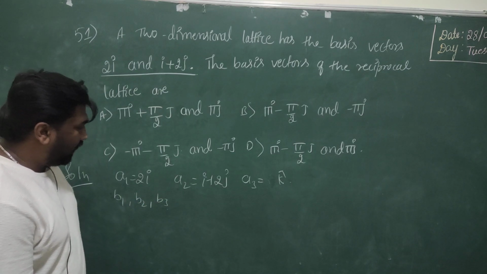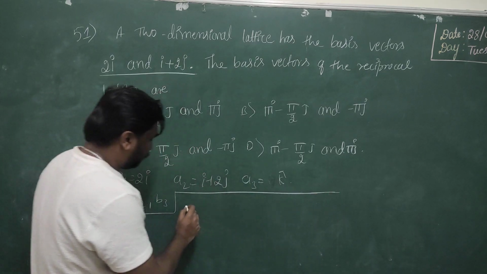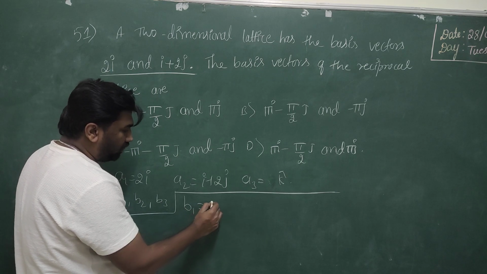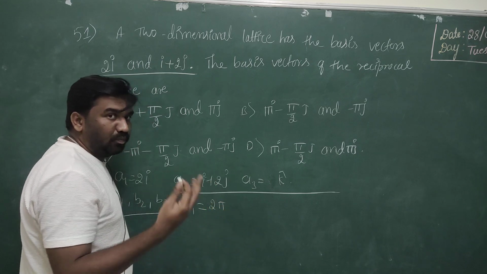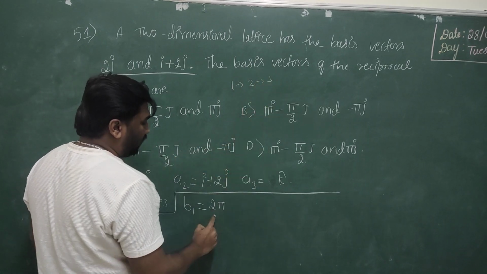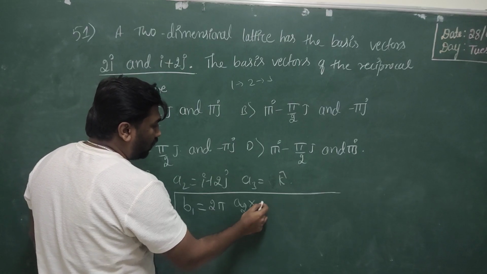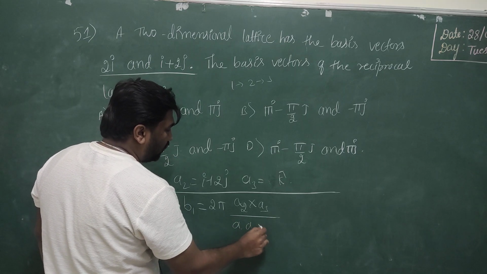We know the expression for the reciprocal lattice. B1 is equal to 2 pi into A2 cross A3 divided by A1 dot A2 cross A3.